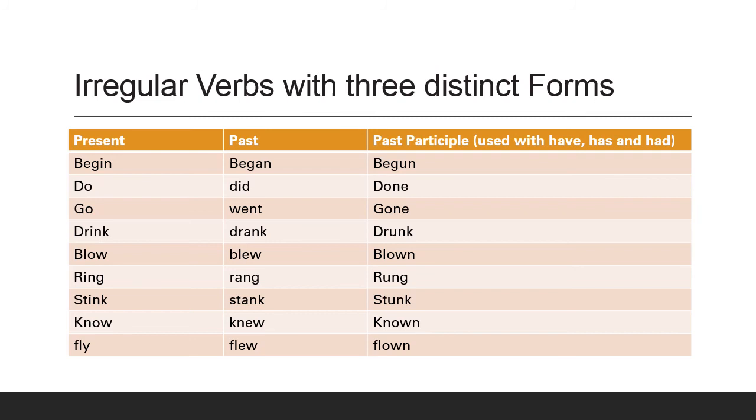Blow, blew, blown. Ring, rang, rung. Stink, stank, stunk. Know, knew, known. Fly, flew, and flown. We observe that in each of the cases, the present, past, and past participle forms are very distinct from each other.